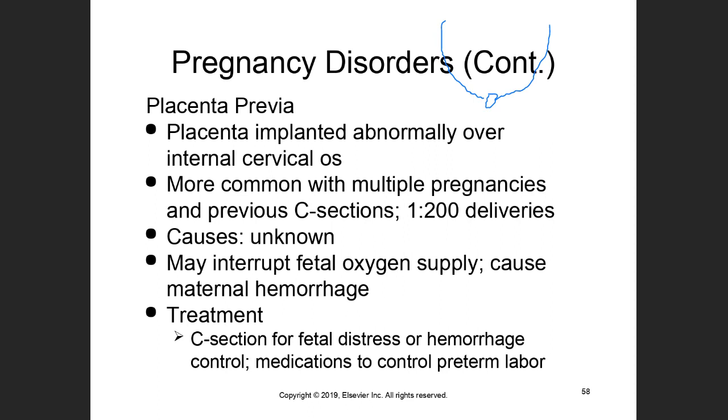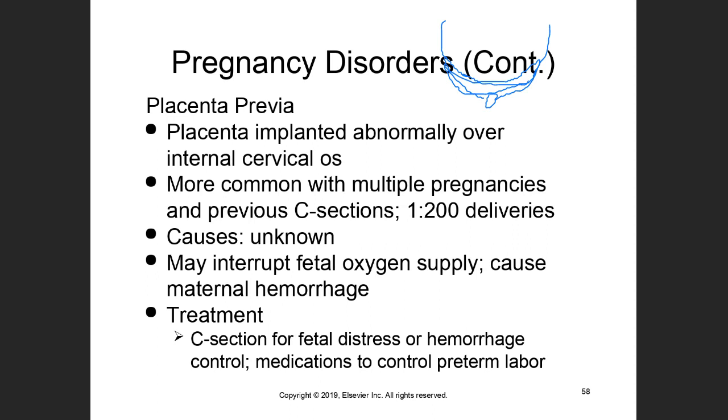If the placenta is in any part down here, close to the cervix, that's placenta previa. The cervical os is the cervix. More common with multiple pregnancy, cause is unknown, may interrupt fetal oxygen supply, cause maternal hemorrhage. Treatment: C-section.